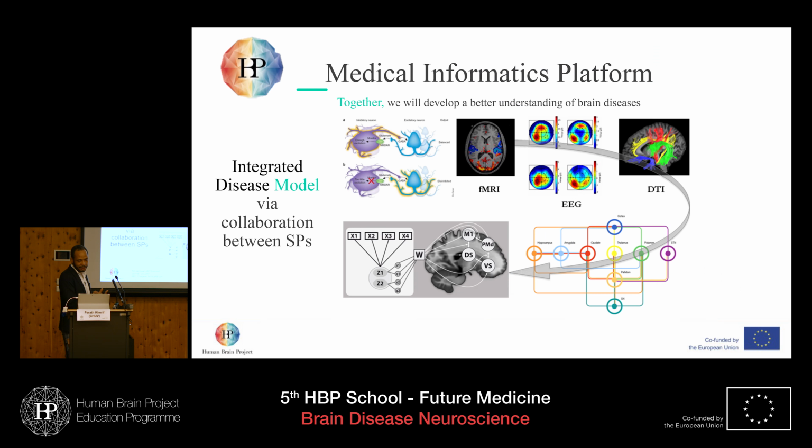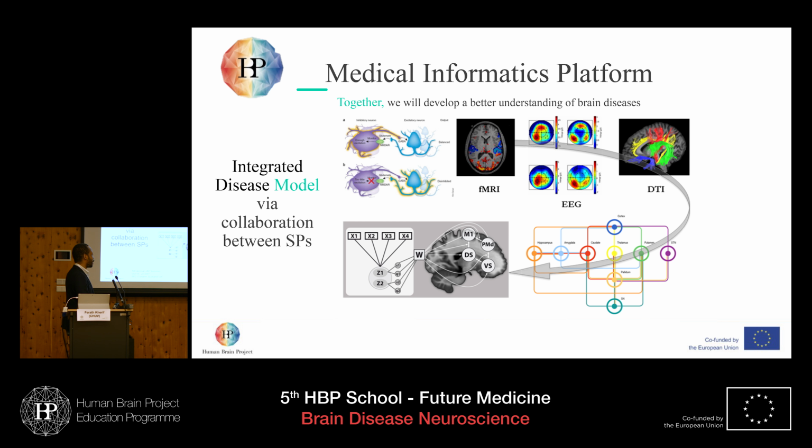And once you have collected the data, you really need this sort of integrative model that goes through the different scales, and through computational modeling you find something that will explain the manifestation of disease, or what you see at the brain level. Here I just listed the methods that you can use in humans: fMRI, EEG, DTI.